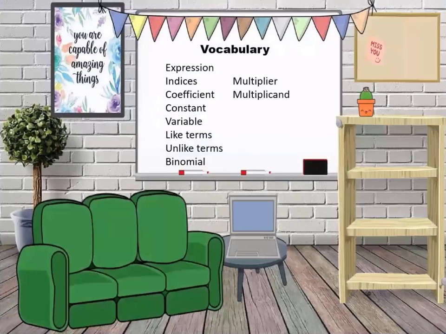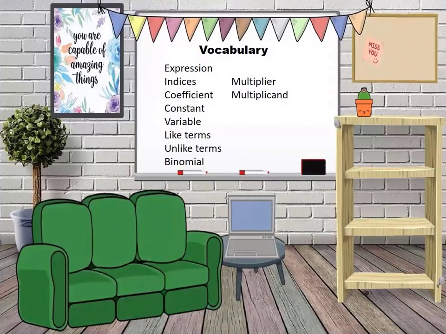You should already be familiar with the distributive property, as well as with the terms constant, variable, terms, coefficient, expression, multiplier, multiplicand, binomial, indices or powers, like and unlike terms.